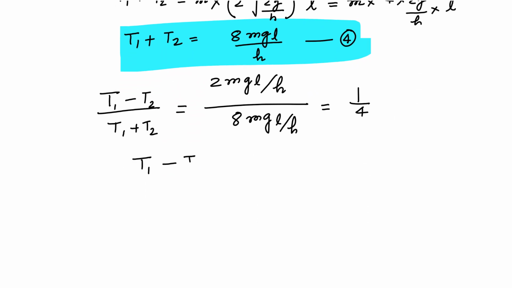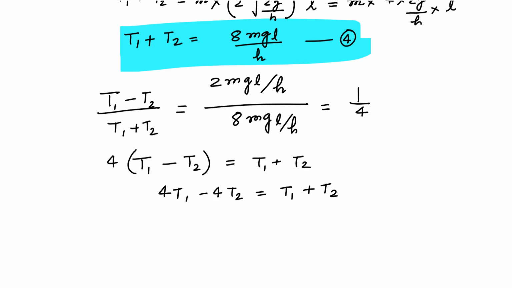So now you can simplify: T1 minus T2 times 4 is equal to T1 plus T2. So you have 4T1 minus 4T2 is equal to T1 plus T2. So this means 3T1 is equal to 5T2. So the T1 by T2 ratio is equal to 5 by 3.